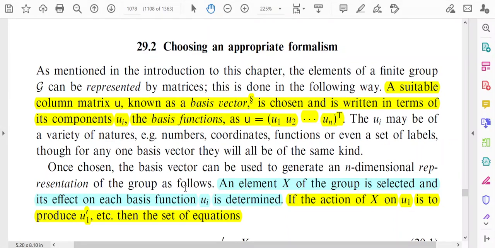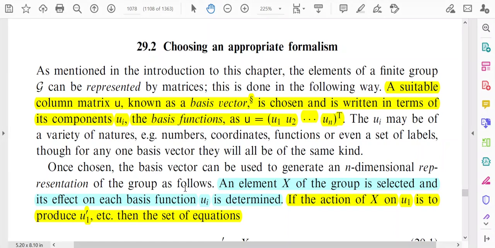How we obtain the representation, I will discuss step by step.